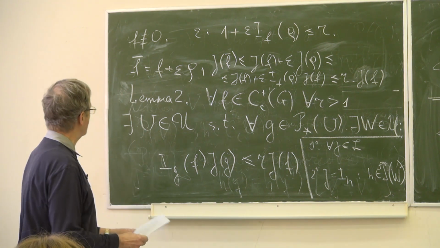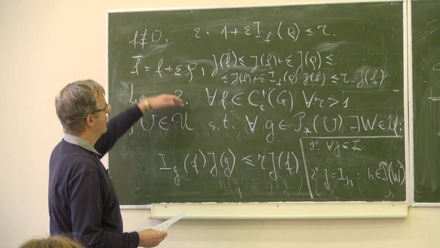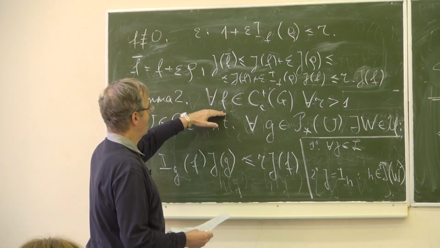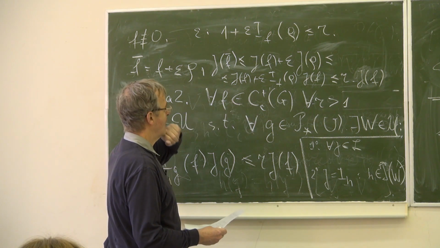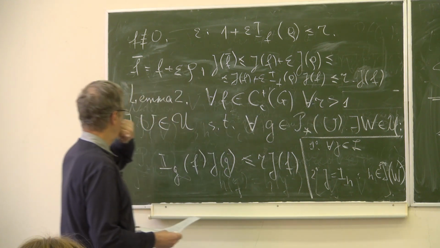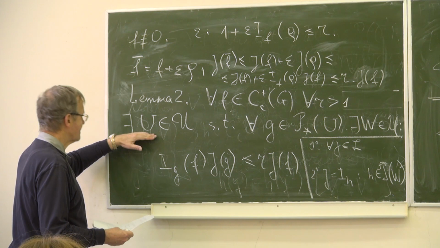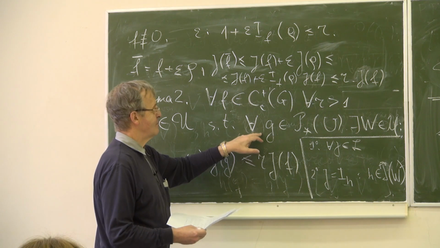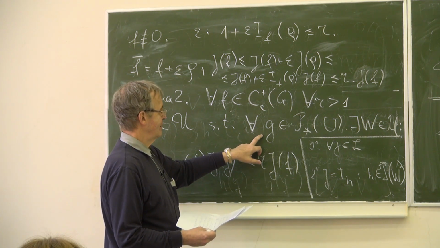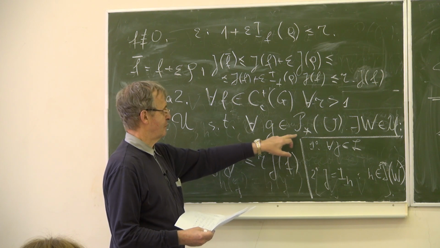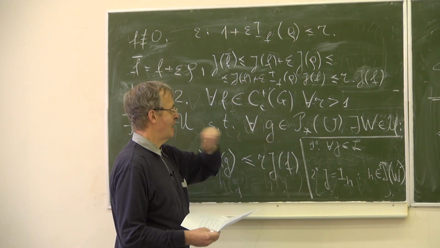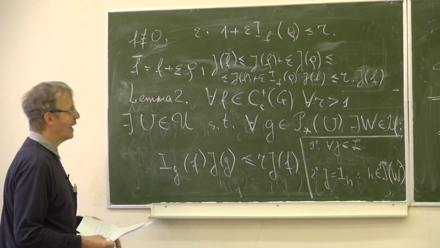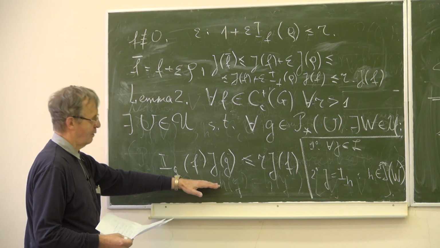I remind you that this is a partial converse to the very first basic inequality. Again, take a function f in this space, take r greater than 1, then there must exist some neighborhood of unity such that for every symmetric non-zero G supported in this neighborhood, there is another neighborhood W so that we have this inequality.